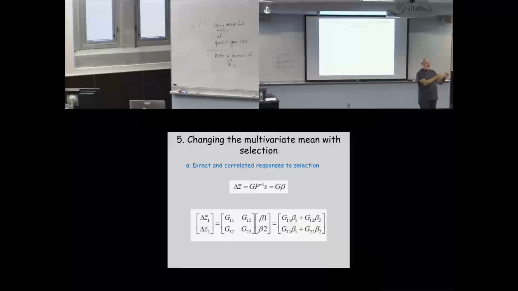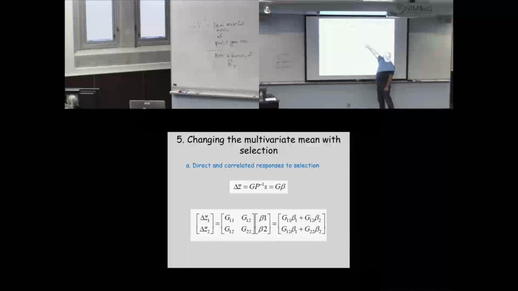The univariate case doesn't generalize to the multivariate case, but the multivariate case generalizes to the univariate case. If that is making sense to you. I don't want to dwell on this too long. This is just sort of an aside, but I'm trying to give you one justification for why we're going to use this formulation for the multivariate response to selection, sometimes called the multivariate breeder's equation.